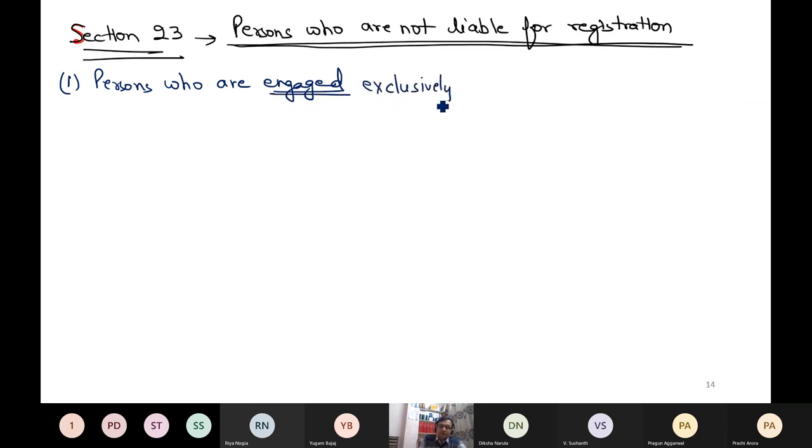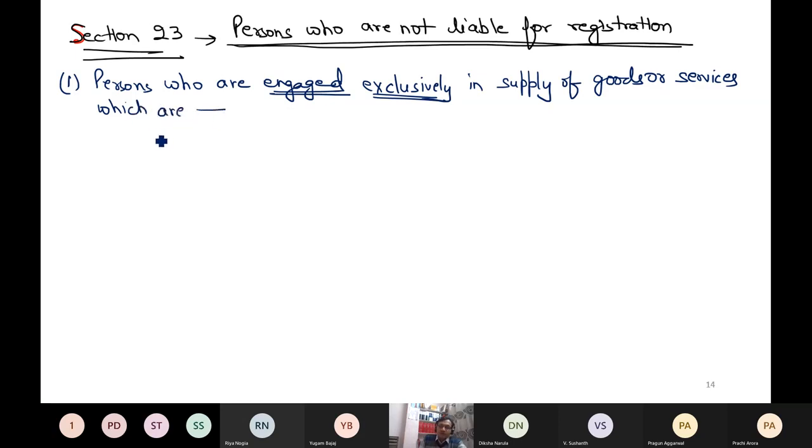Exclusively in supply of goods or services which are, first point, not liable to GST.